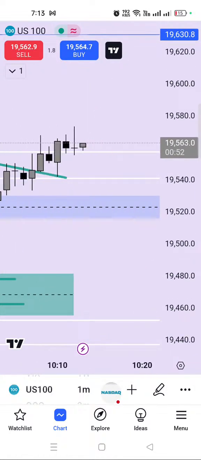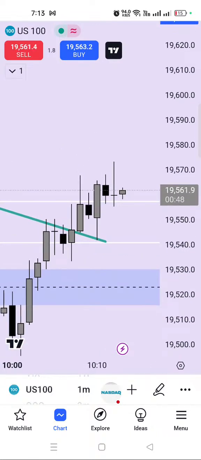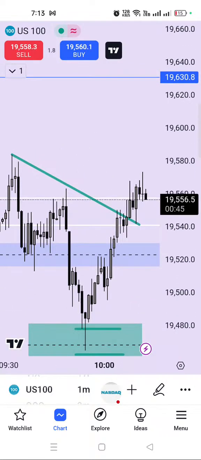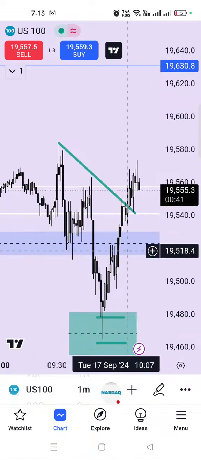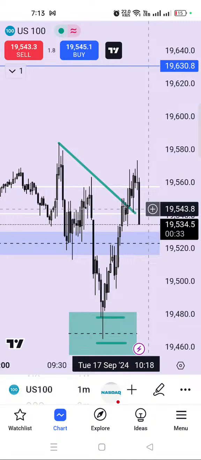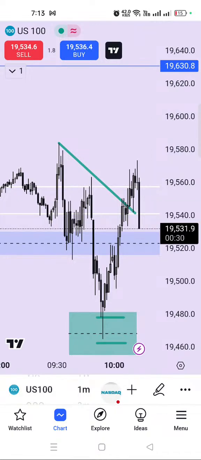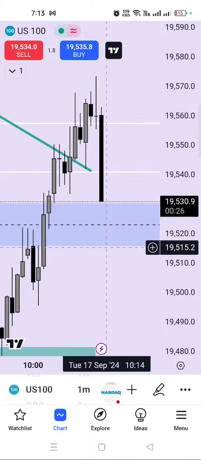I'm just waiting for it to come back down for me to be interested in getting longs, nothing else. So this might as well be a fake out. Let's see, where can I buy it again? 530, 519, exact 530. This is the point in 519.